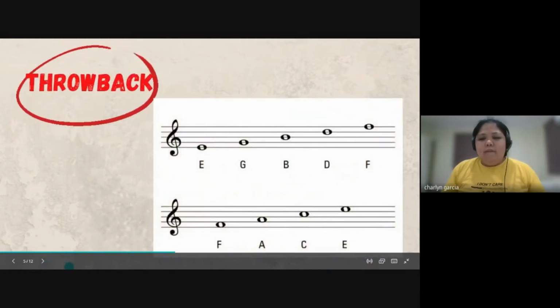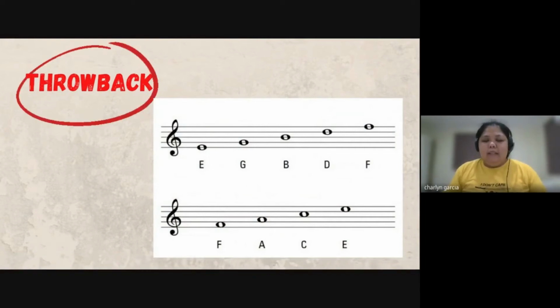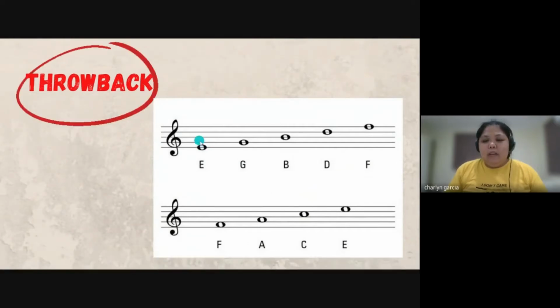So, but first, before we proceed, let's have a little throwback or a little review. So, this is a ledger line, di ba? Dito sa ledger, alam ko na-discuss na to before, yung mga spaces and lines have their different name or letter names.